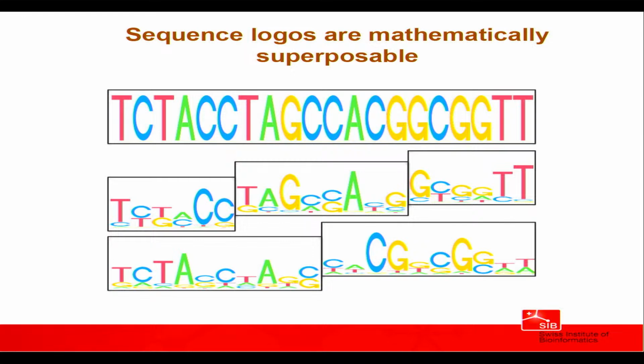So this is a slide from last year's Code Bio presentation, where I show that sequence logos, degenerate DNA motifs, can be arranged in overlapping fashion in the same DNA sequences. So behind this is a pure mathematical operation which transforms the lower motifs into the upper sequence.